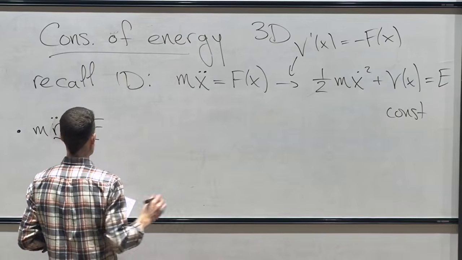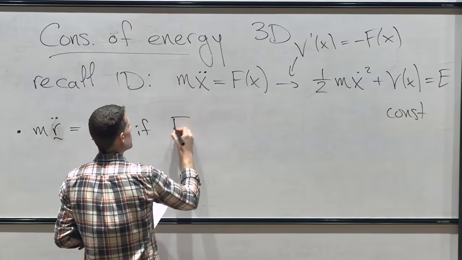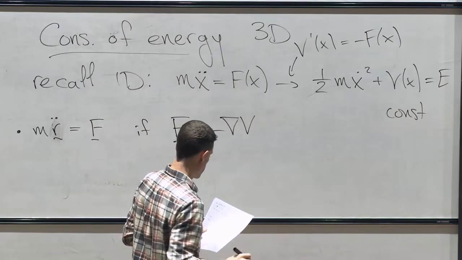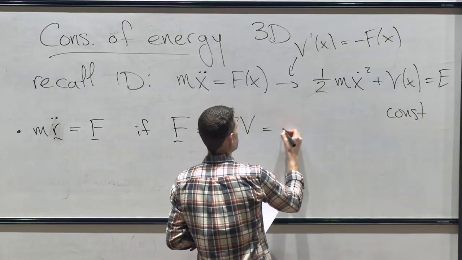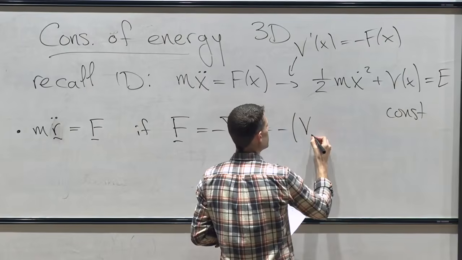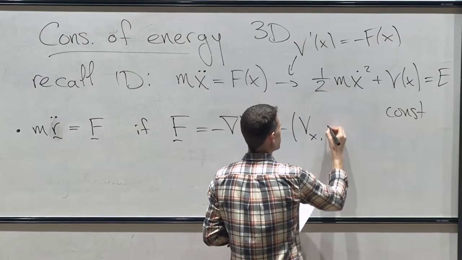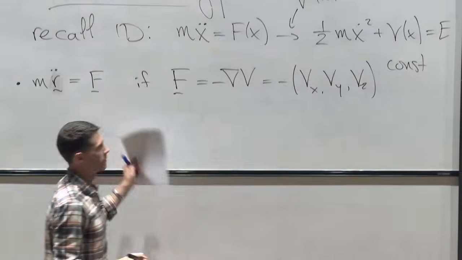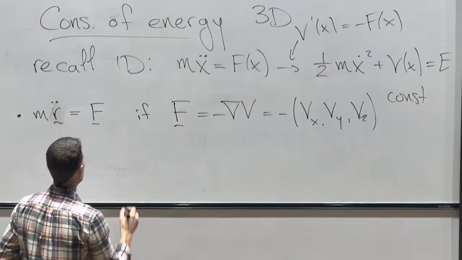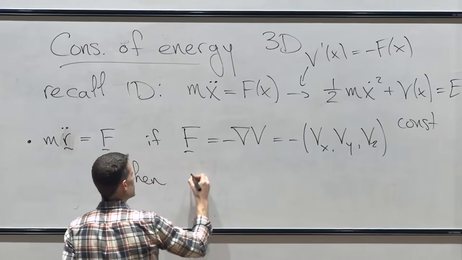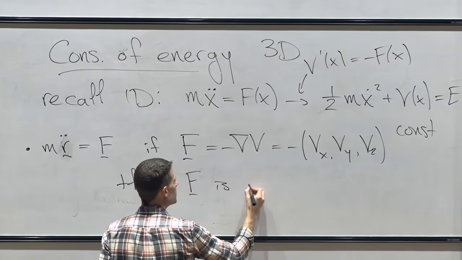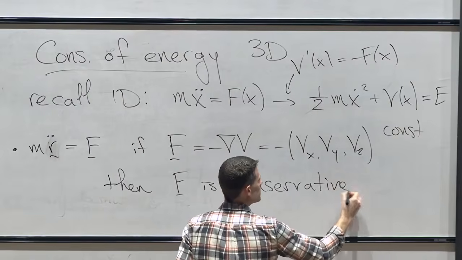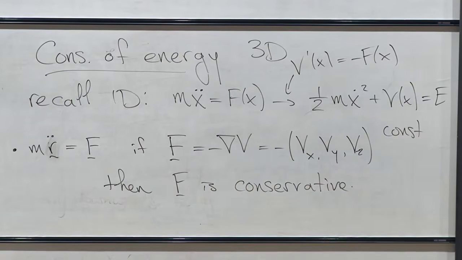So if f is minus grad V, in other words minus dV/dx, dV/dy, dV/dz, then we say f is conservative. You've probably been doing similar things in the multivariable calculus course.